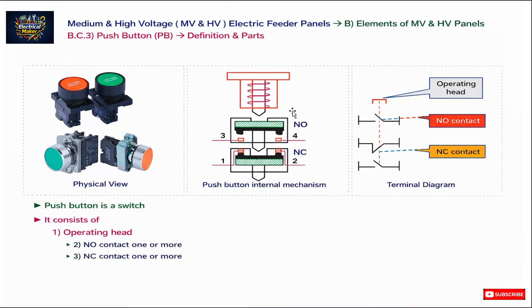Its internal mechanism is shown in this figure. Push button internal mechanism you can see here, and the terminal diagram is shown in this figure. You can see an internal mechanism with NO and NC. NO means normally open, NC means normally closed.